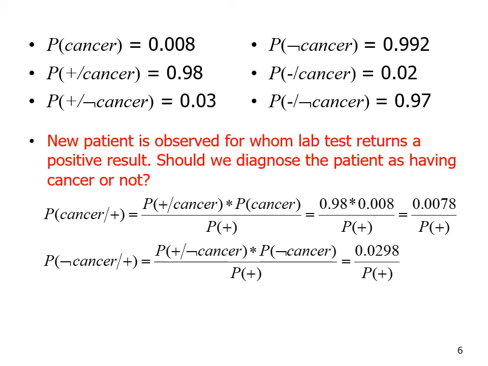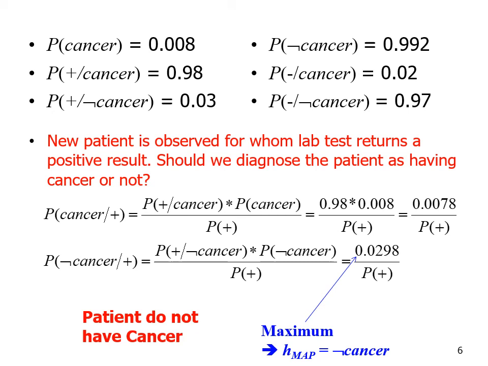So here we can observe that the probability for the hypothesis no cancer is maximum among these two, and hence H-map is equal to no cancer. So this means that even though the patient is found to have a positive lab test, the patient does not have cancer.